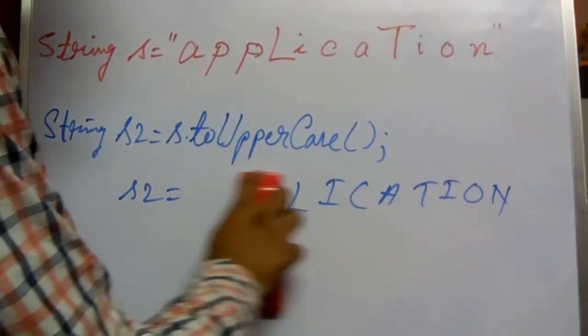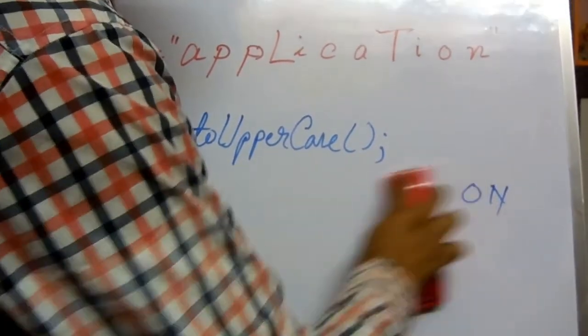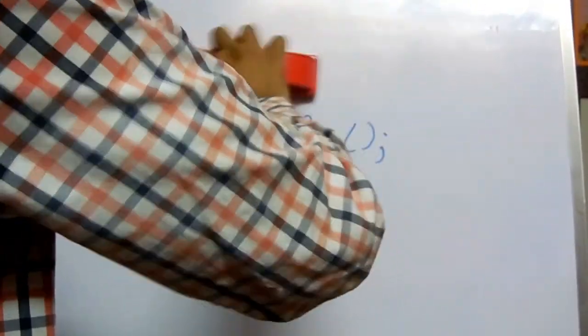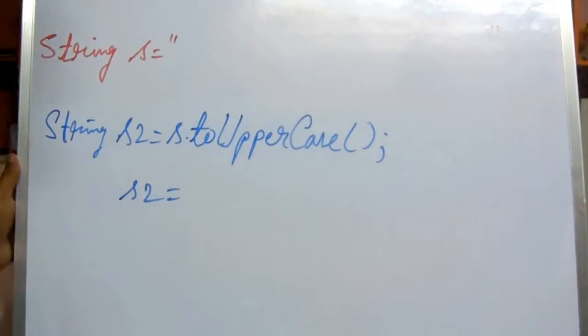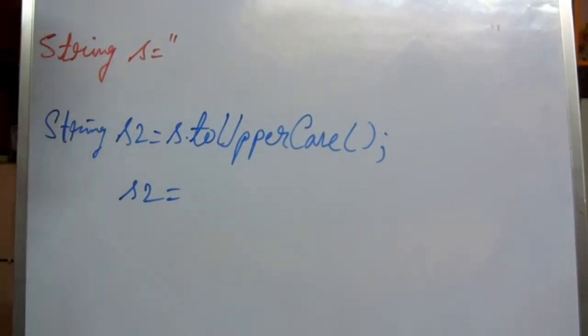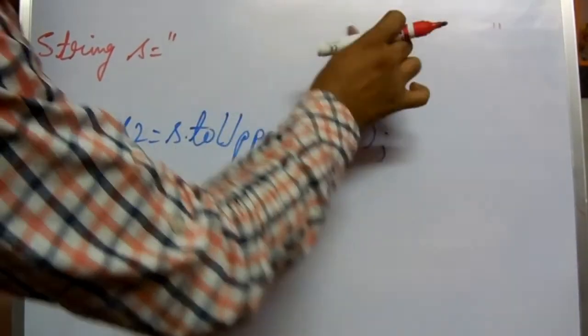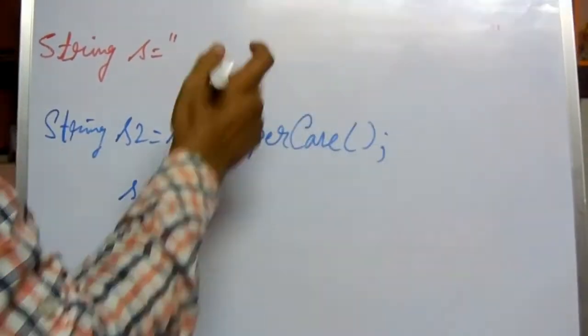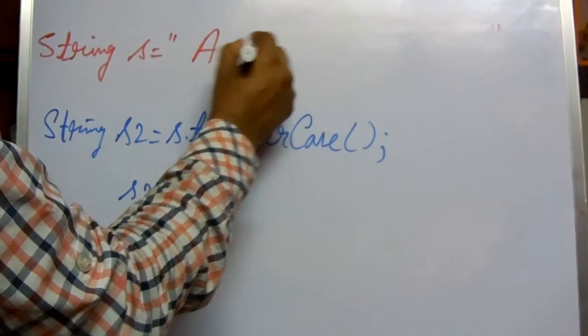Similarly for toLowerCase, it actually works opposite to toUpperCase. If any string is present in capital letters or uppercase, then all the characters of that string will be converted into small letters, like application.